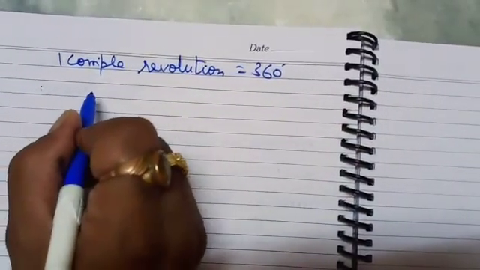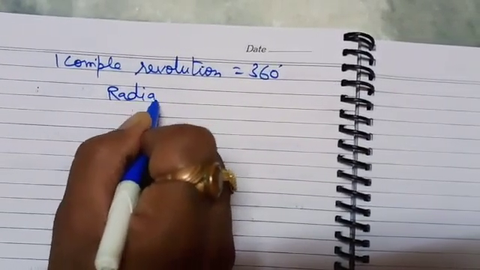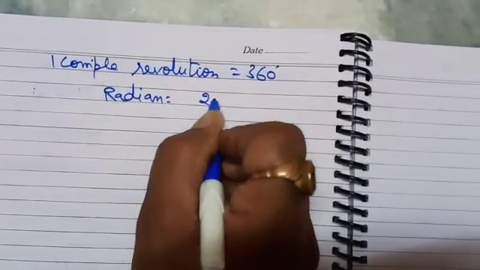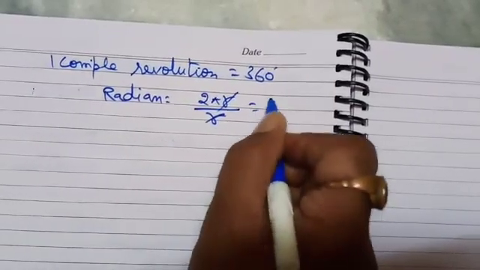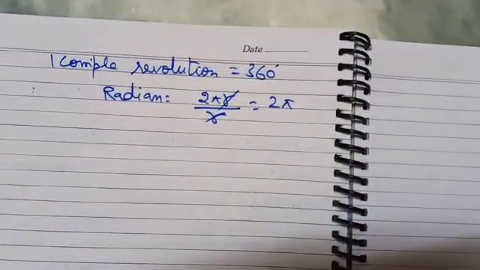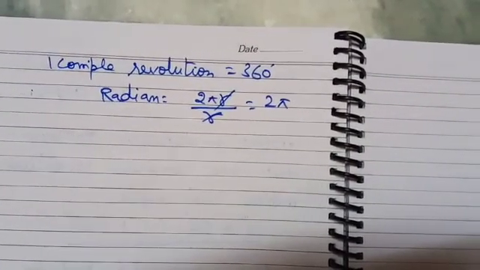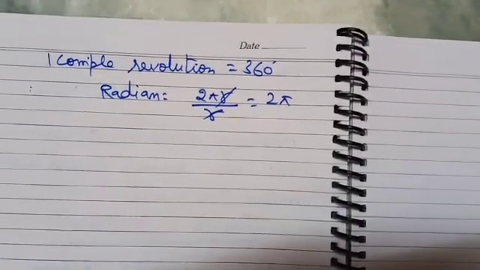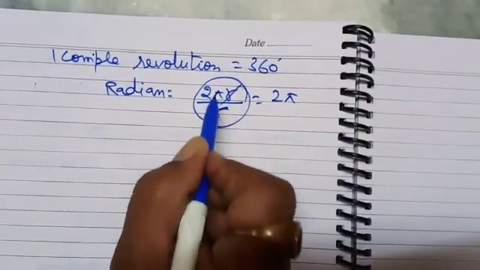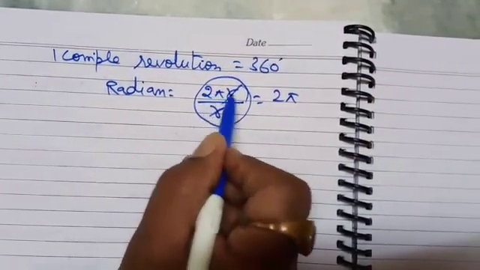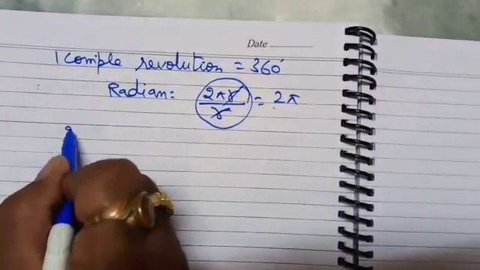When we measure the angle in radians, if the radius is r, then one complete revolution is the circumference 2 pi r upon the radius r. The r cancels, so it is 2 pi. So in degrees, one complete revolution gives 360 degrees, and in radians, it gives 2 pi.